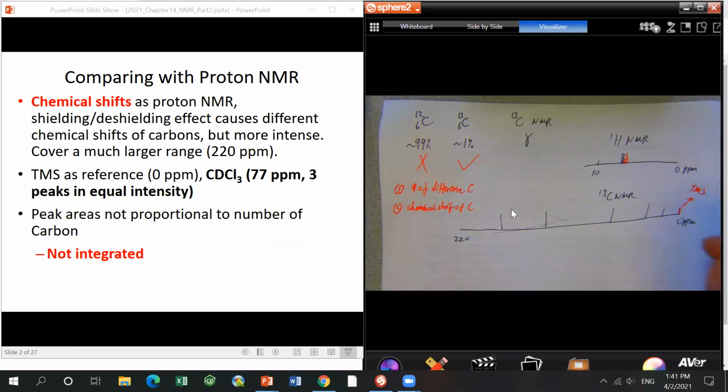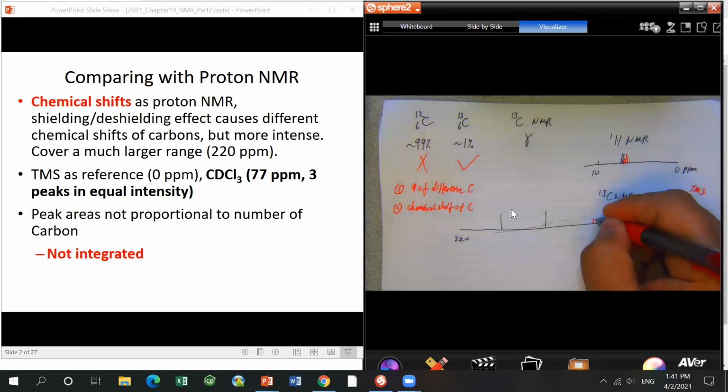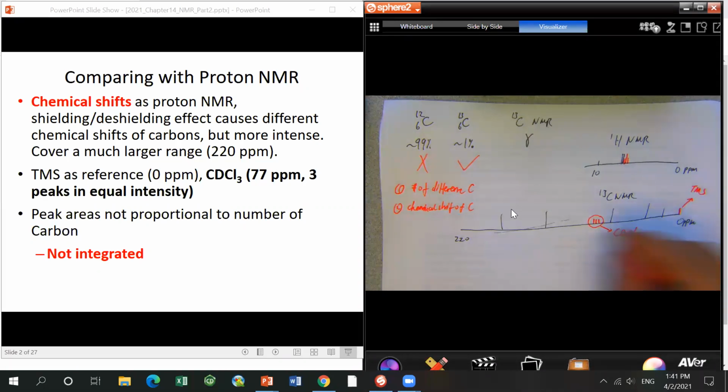Also, if you use CDCl3 as a solvent, you should quite often see a small peak at about 77, three peaks of the same intensity. This is not from your sample, that's from the CDCl3, the NMR solvent. Please keep those two peaks in mind.